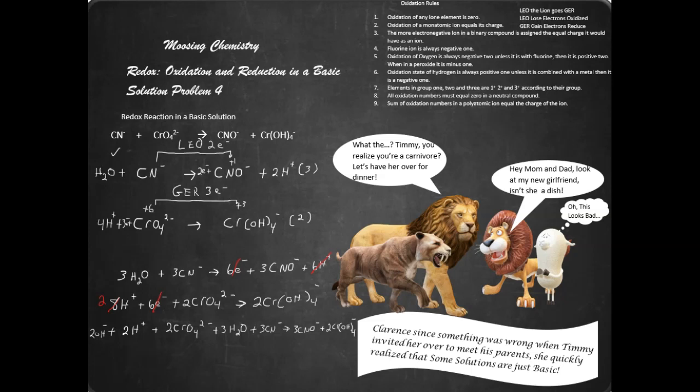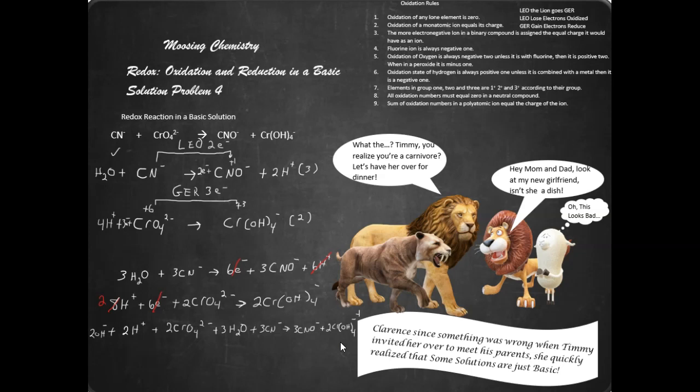And on this side over here, let's see how many hydrogens we have. We have 8 hydrogens. So since we put 2OH on the left side, we have to put 2OH on the right side.